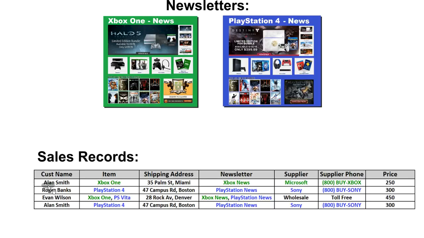So they have someone named Alan Smith. These are just imaginary items. But anyway, there's somebody named Alan Smith. He bought an Xbox One. He lives in Miami. He subscribed for the Xbox newsletter. The supplier for the Xbox is Microsoft, and their phone number is 1-800-BUY-XBOX, and the price was $250.